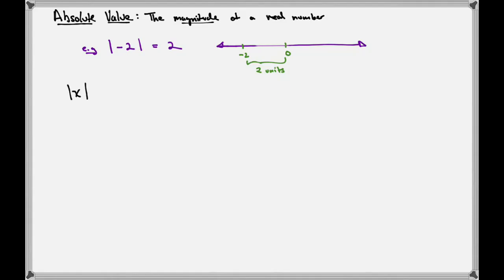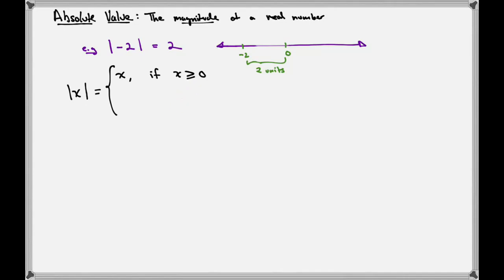If I want to be formal here and define the absolute value of x, I really need to think about two cases, which we indicate in this somewhat cumbersome bracket notation here. So I've written a curly brace, and I'm going to list the rules required to compute the absolute value of x. The first rule is that the absolute value of x is x itself if x is greater than or equal to 0.